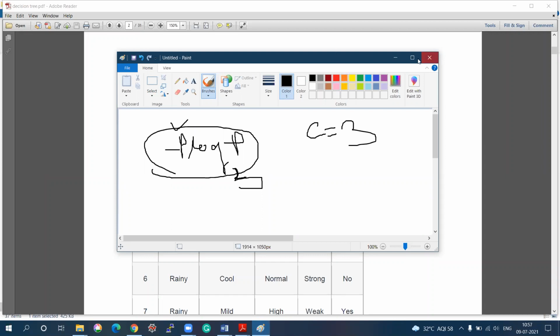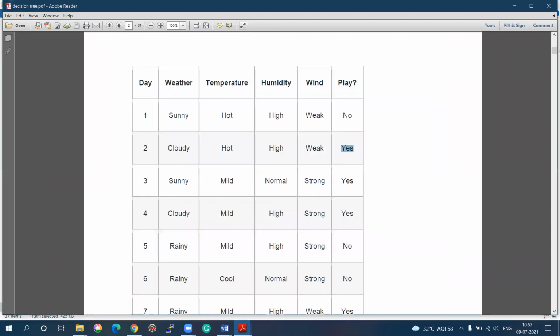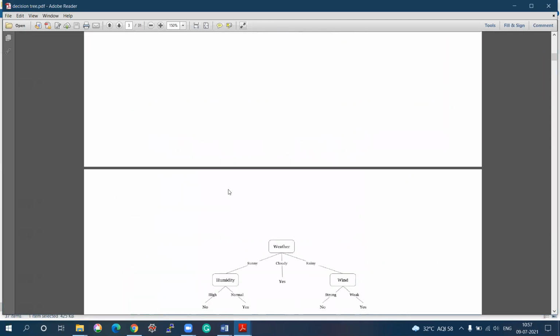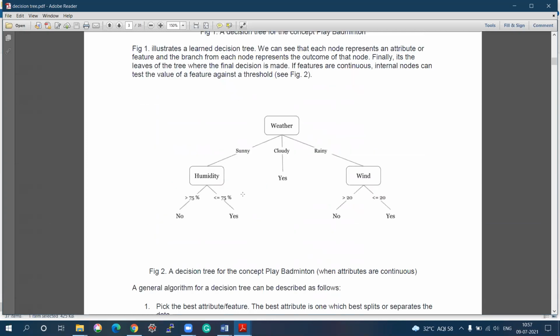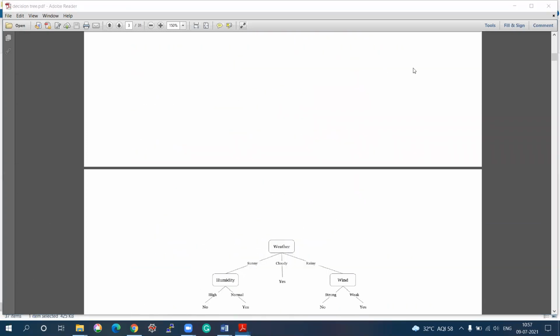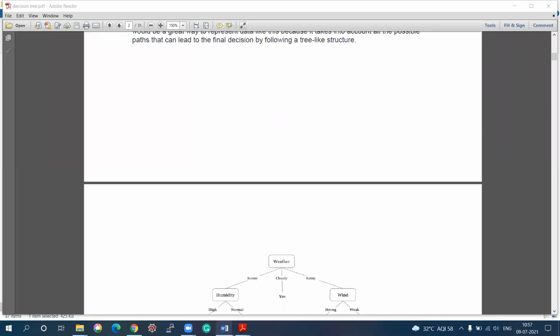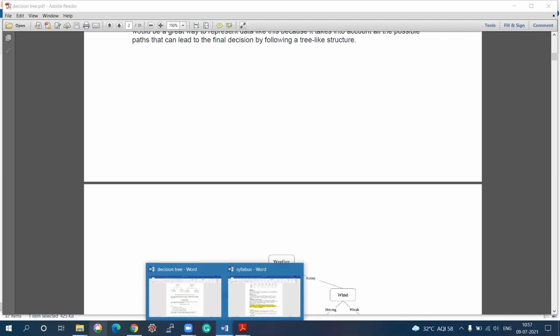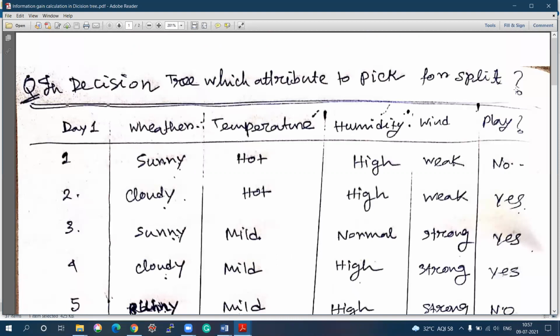So we will take one example, and we will find out what to do and what not to do whenever we are making the decision tree. Let's check. So here I have given one example.